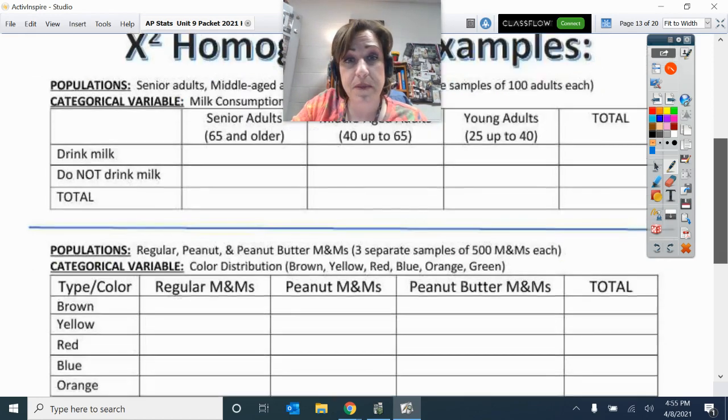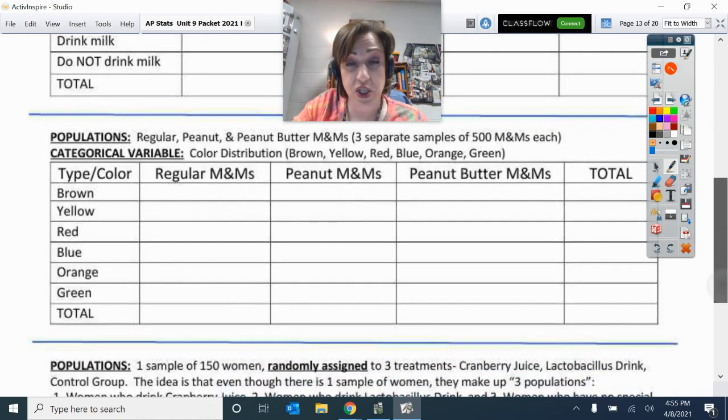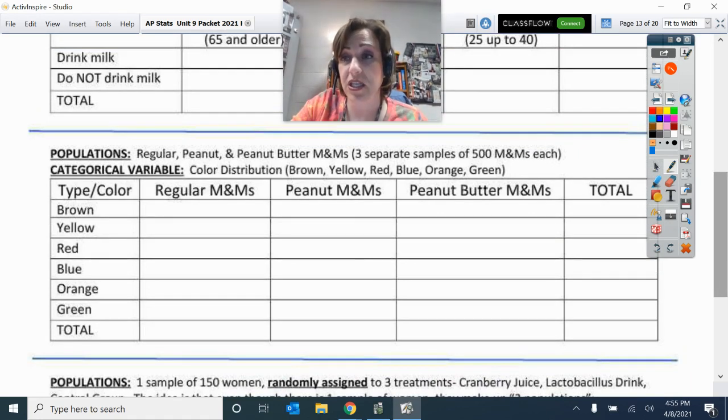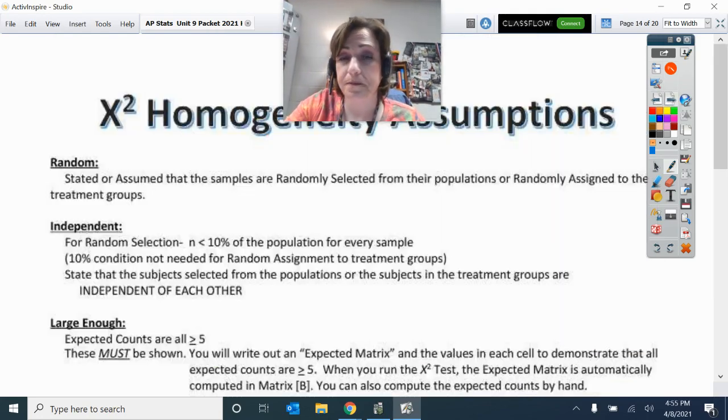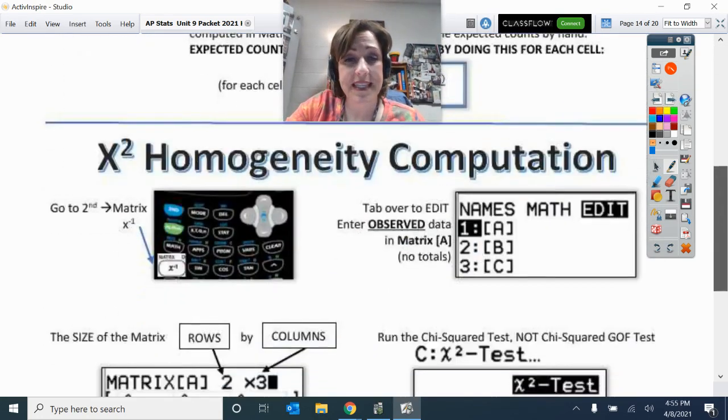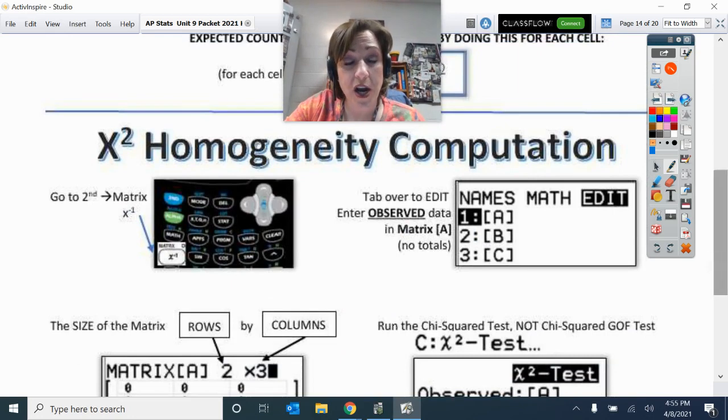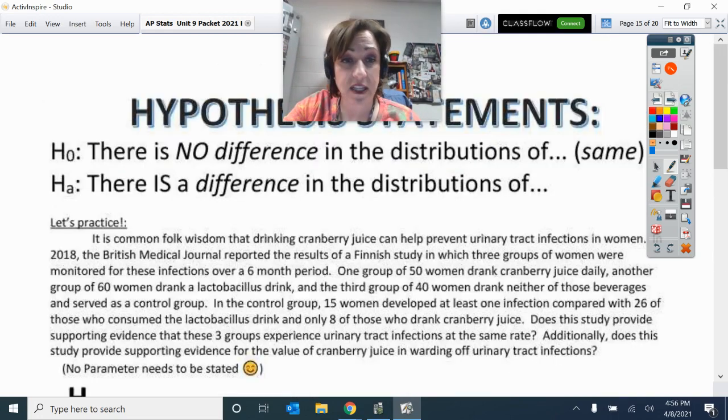Okay, so multiple dimensions of observed, not just that single dimension of observed in list 1 like we had in chi-squared. So what happens then is we have to go and put our data in a matrix. We're going to do a problem as we walk through this. So let's take a look at this problem on the next page and do our calculator, show you how to work everything as we do this.